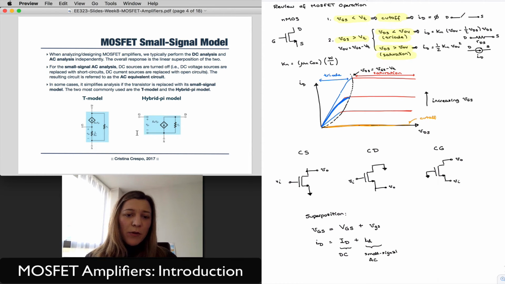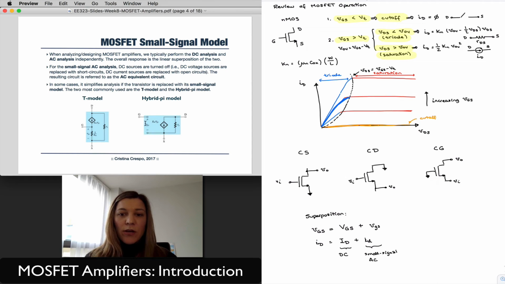The hybrid pi model, again, the transistor is represented as a current source from drain to source, and then as an open circuit from gate to source, because there is no current flow, due to that oxide layer at the gate. So you have a VGS voltage applied at the input.